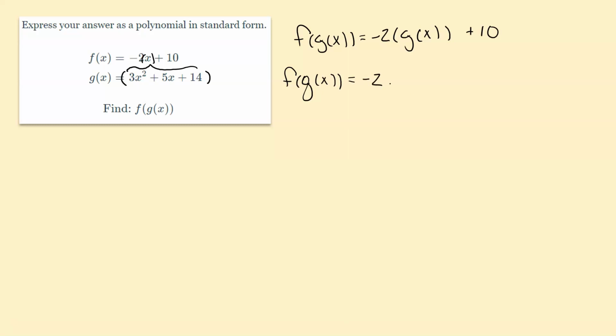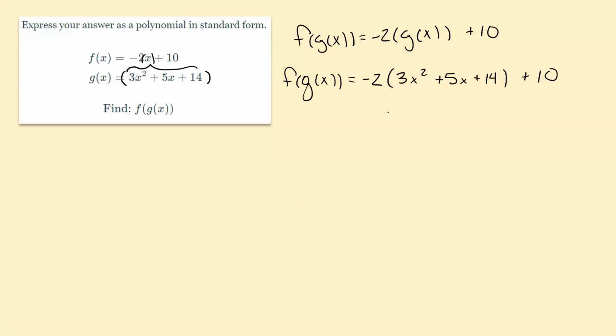So we have -2, and then inside these parentheses, I'm going to plug in all of this. So 3x squared plus 5x plus 14. And then outside, don't forget the other parts of f of x. So we've got to make sure we include this plus 10 here. All right.